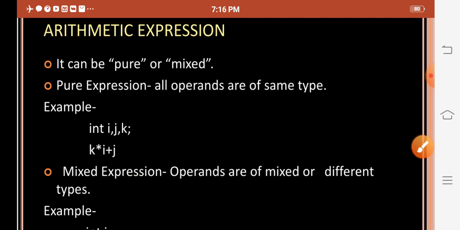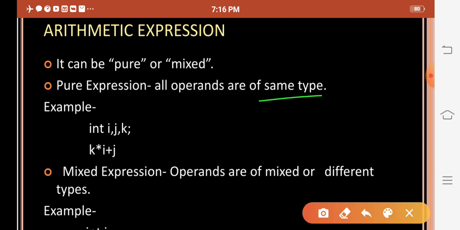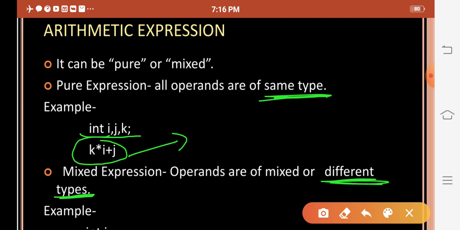So you have to focus only on two words, same type and different type in mixed. For example, if I write int i, j, k, three variables I have taken. Now all the variables are of the same type. If I write the expression k multiply i plus j, this is an expression, but which type of expression is it?